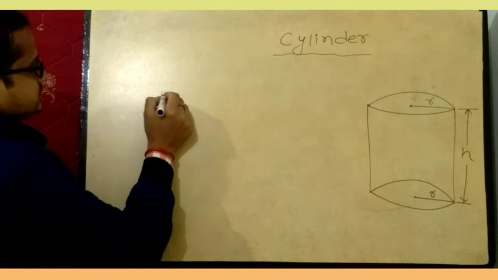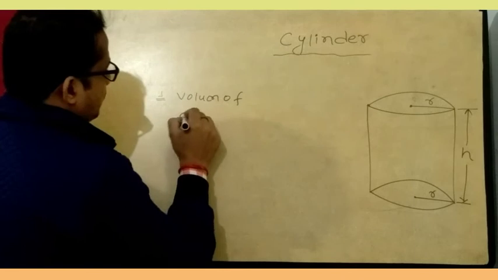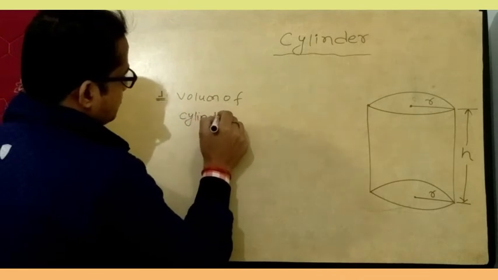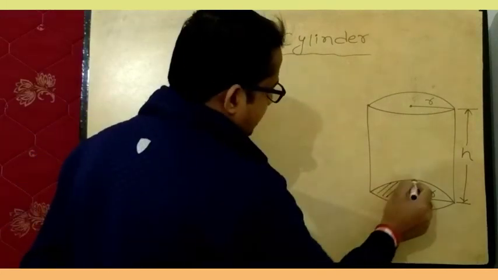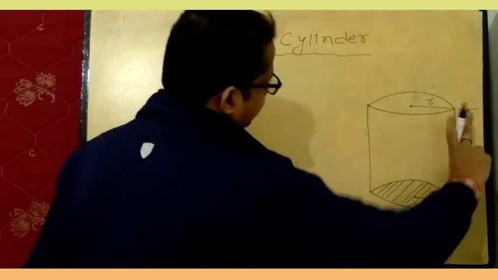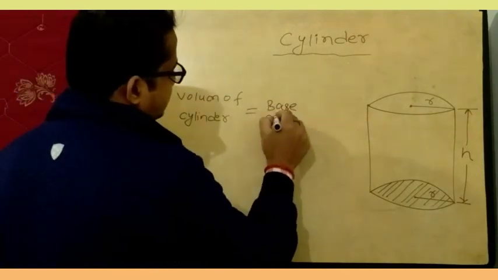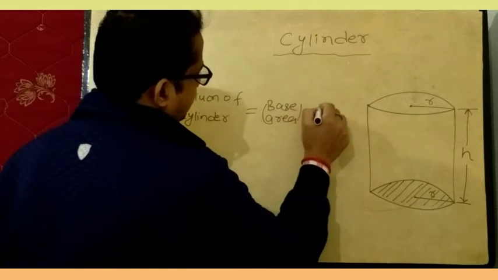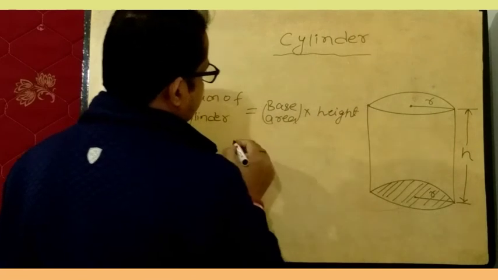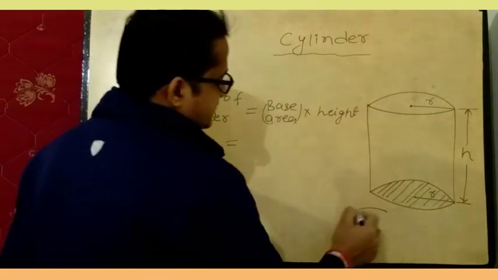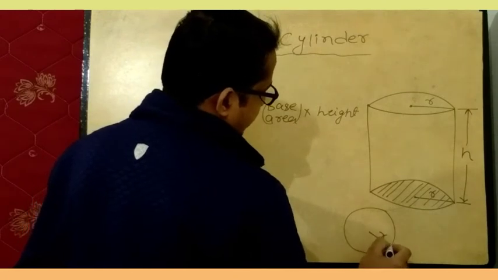Now first is volume of cylinder. Volume of cylinder equals base area multiplied by height. This base is in the form of a circle having radius r.